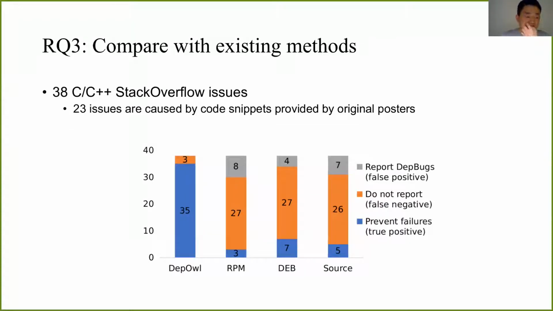In these experiments, we also use the 38 StackOverflow issues, which are the same as RQ1. DepOwl got 35 true positives and 3 false negatives, while the best baseline got 7 true positives. This is mainly because 23 issues are caused by code snippets, which are not managed in RPM or deb packages. Thus, the baselines miss them.